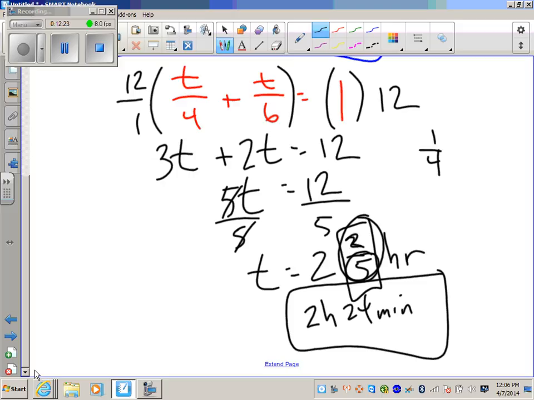Oh, wait, okay. So you divide 60 by 4. 15. How many 15s do we need? 1. How about 2/3 of an hour? How many minutes in an hour, Raven? 60. All right, 60 divided by 3 is 20. How many 20s we need? 2. That's 40.